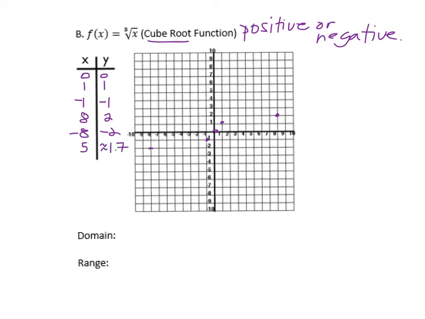If I go over to positive 5 and up 1.7, it looks like those points should connect from the middle of the graph over to that right-hand side. If we did the same thing with -5, we would get approximately -1.7. So -5 down to -1.7. This shape is going to kind of be like a flat S shape.